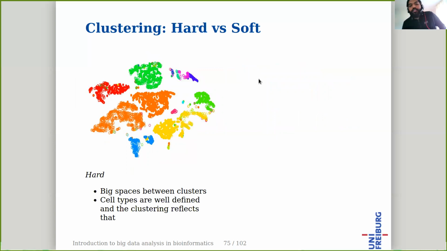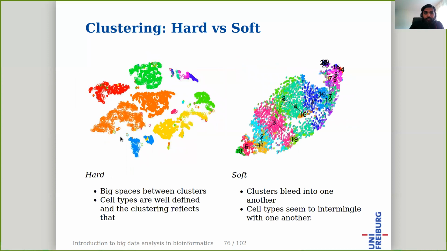The clustering can be seen as hard clustering or soft clustering. Hard clustering is what you see here on the left. You really see big spaces between the clusters where the cell types are well defined, and you can clearly distinguish which clusters represent which cell types. There can also be soft clusters, something like this, where the cell types intermingle into one another.